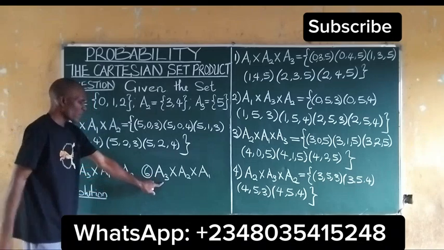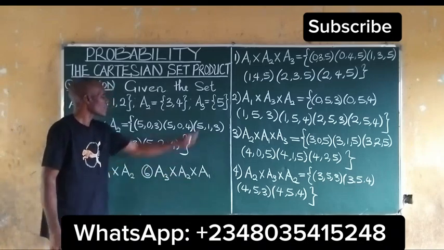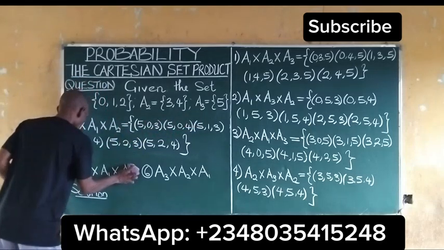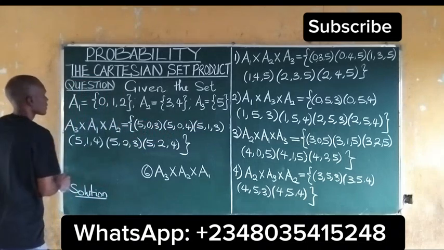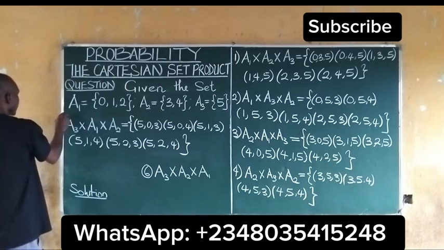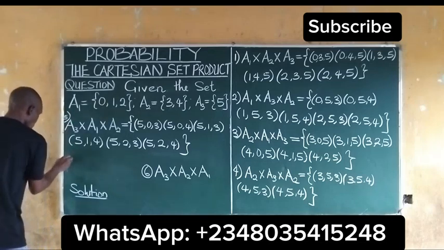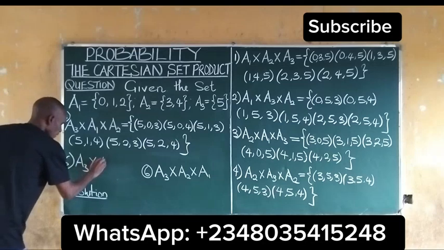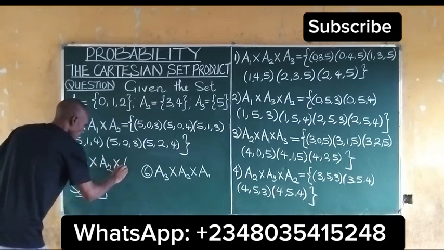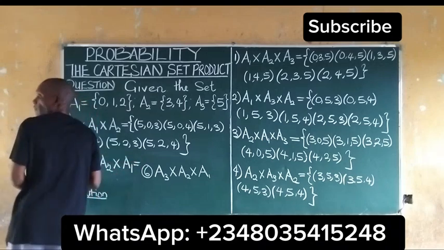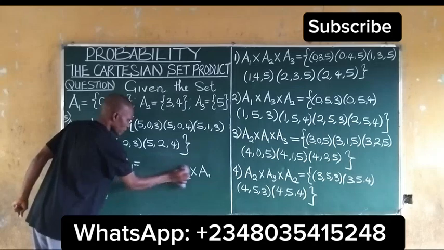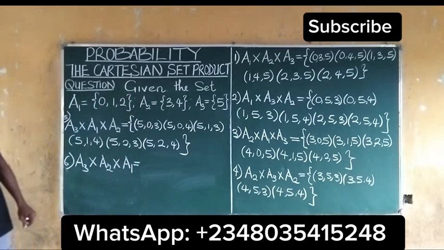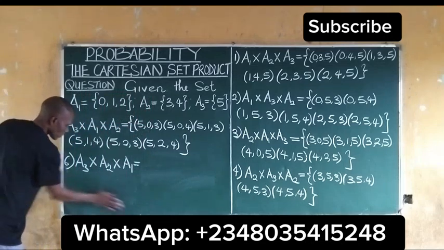And lastly, we are to look for A3, A2, A1. This is number 6, and this was number 5.